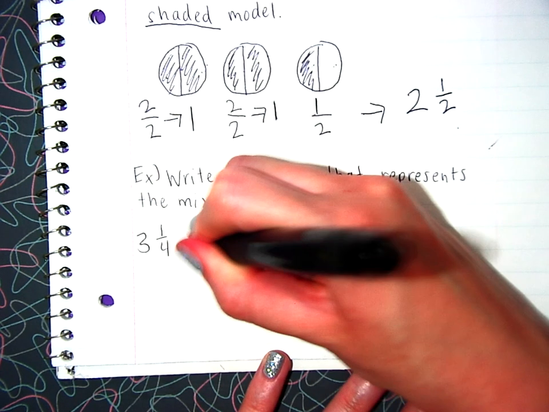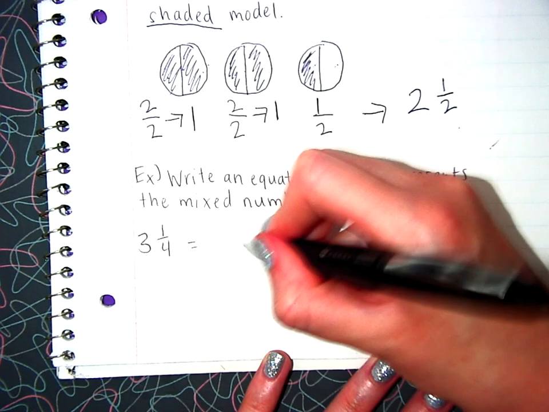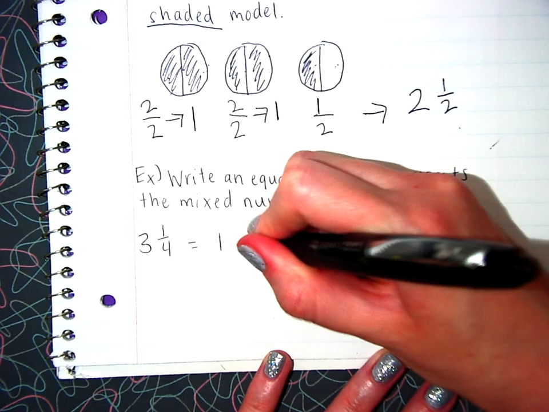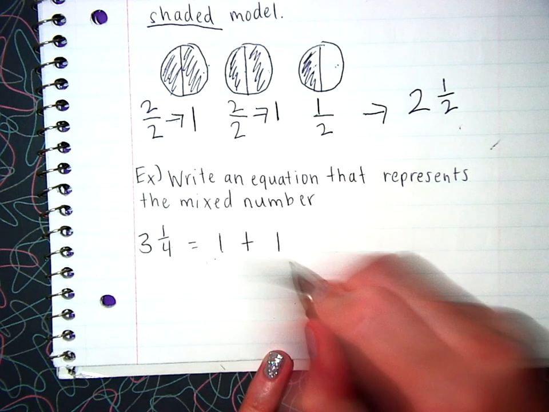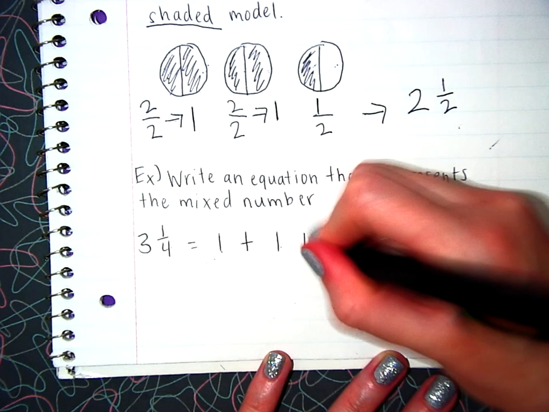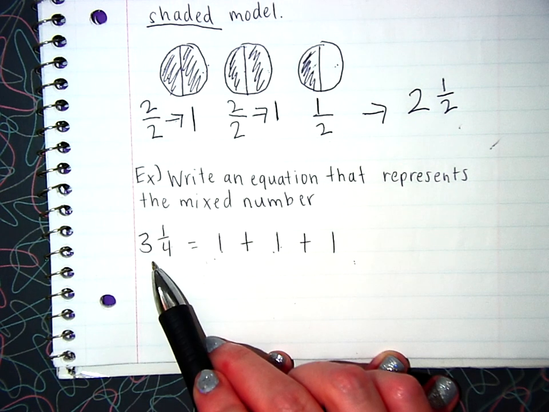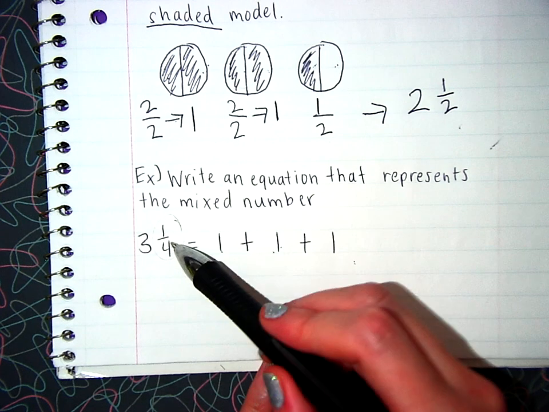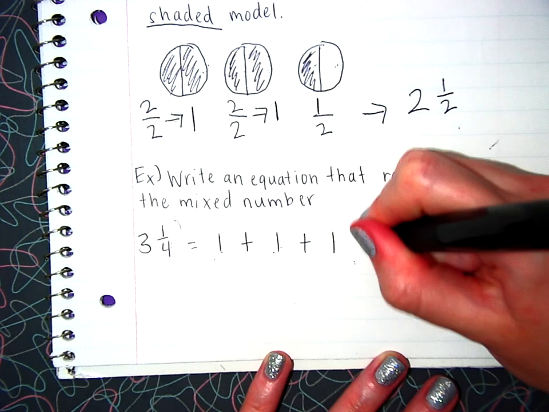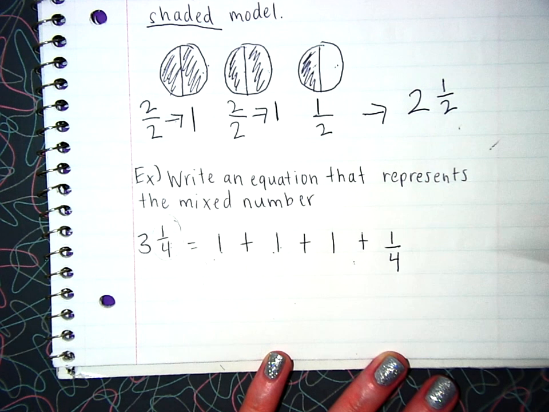So the way you would write an equation would be how you add up to 3. So you could do 1 plus 1. These are the wholes. 1 whole, 2 whole, plus 1. So 1 plus 1 plus 1 will give you the 3. But I can't forget about this fraction part right here. So what I will have to do is add 1 more for the 1/4.